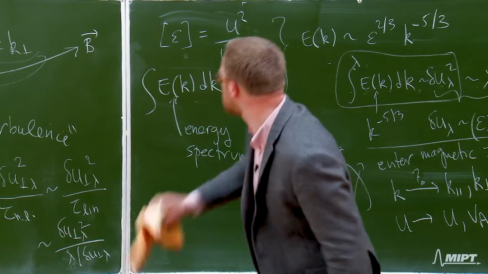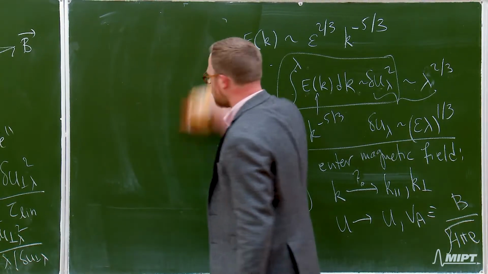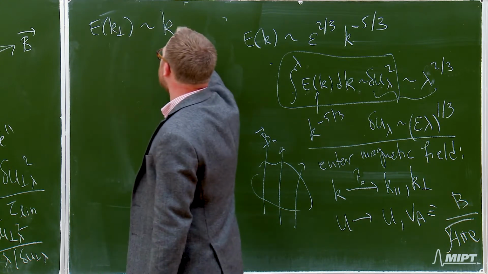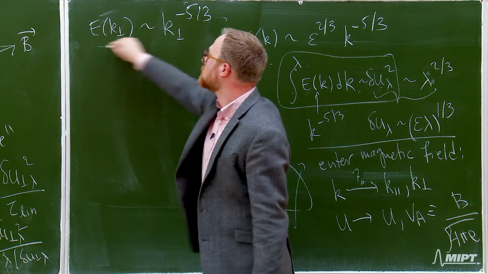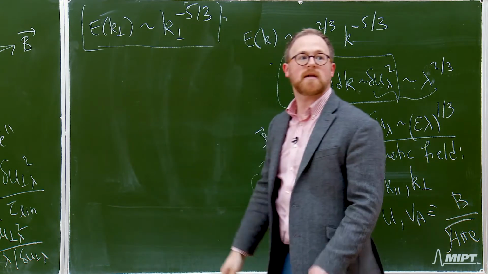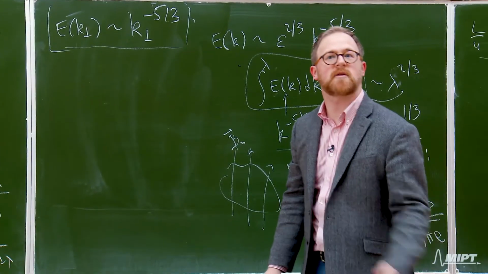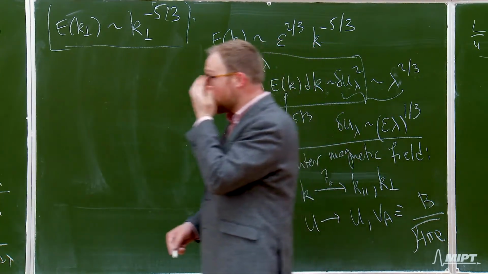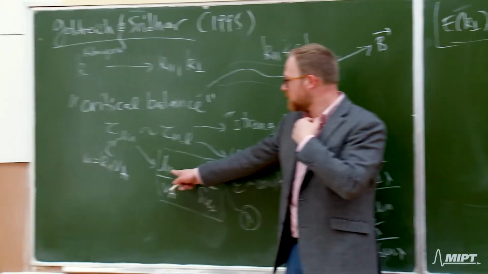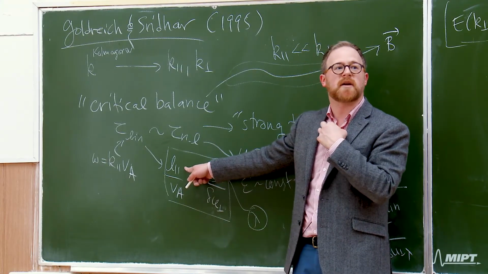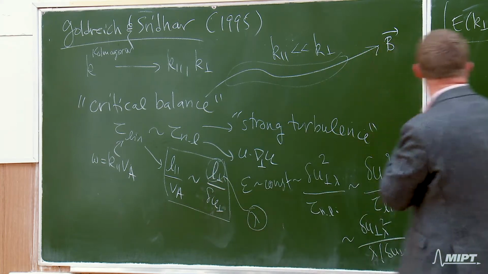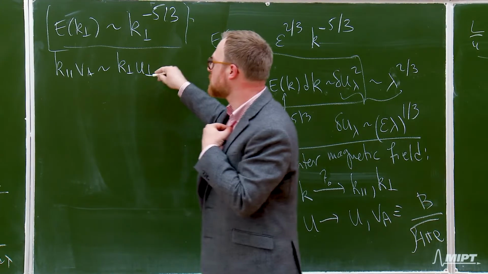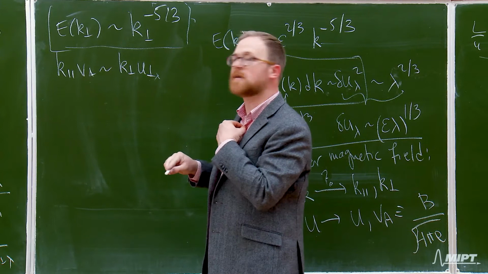So now I can erase this. So that's the Goldreich-Sridhar power spectrum. It's Kolmogorov-like, but only in the motions that are perpendicular to the fluctuating magnetic field. And then I can come back here and get the relationship between the parallel structure and the perpendicular structure. So that right there, the critical balance, just says this at a given scale.